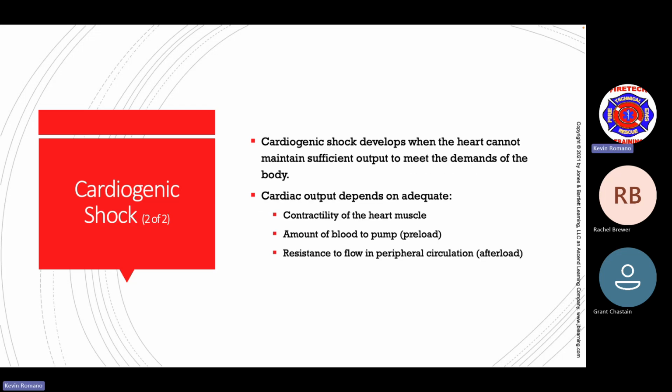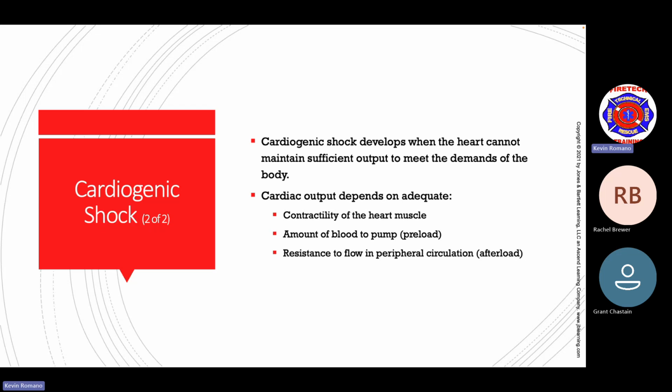All right, so cardiogenic shock develops when the heart cannot maintain sufficient output to meet the demands of the body. Cardiac output is the volume of blood that the heart can pump per minute and is dependent upon several factors. The heart must have adequate strength, which is largely determined by the ability of the heart muscle to contract.